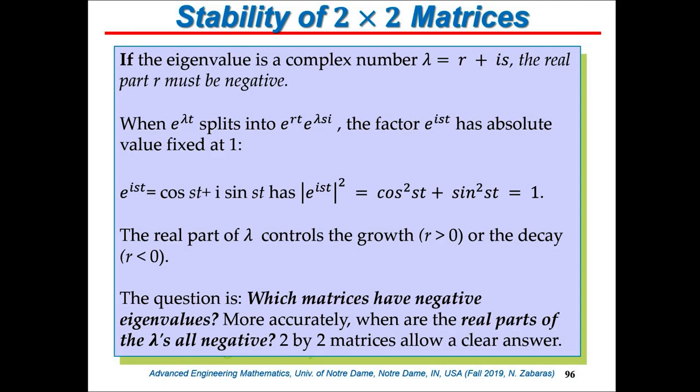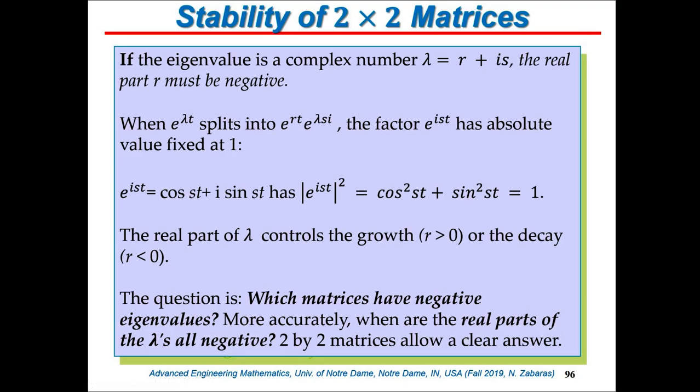So when we discuss stability and decaying behavior, we're either looking for eigenvalues that are real and negative, or eigenvalues that are complex but have negative real parts. And there is a very easy criterion to figure out if indeed the eigenvalues are negative or have negative real parts, at least for the simple case of 2 by 2 matrices.